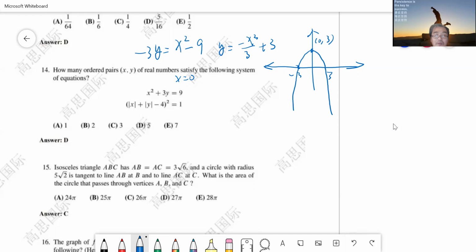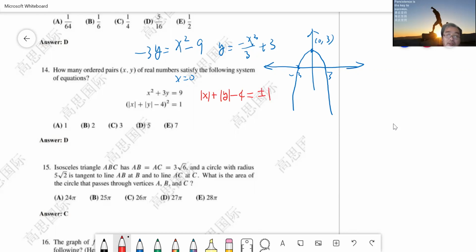The second equation is the absolute value of x plus the absolute value of y, minus 4, then squared, equals 1. Now, I think a good easy way to do that, we put it on one side, and we just take a square root. We square root both sides, we find this is going to be the absolute value of x plus the absolute value of y, then minus 4 equals positive or negative 1, right?